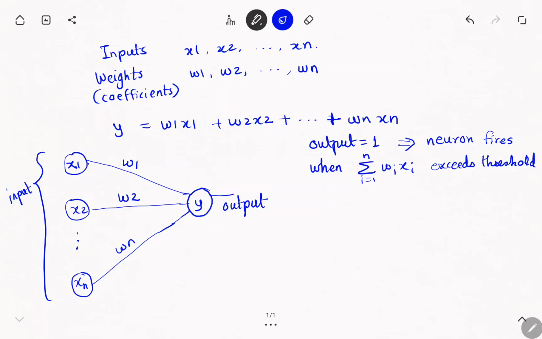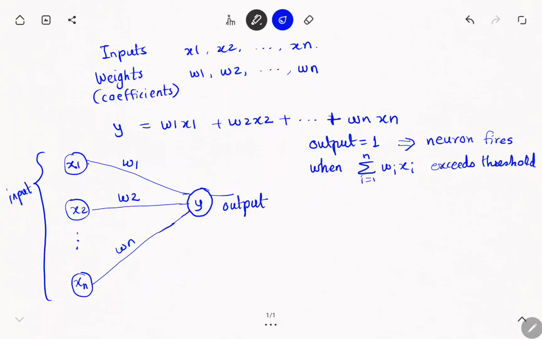Now, you are very familiar with the linear model. You know linear regression very well, you know logistic regression very well. So we still want to include the threshold, but we want to frame it so that it still looks like a familiar linear model.